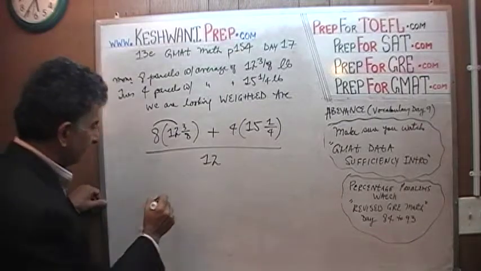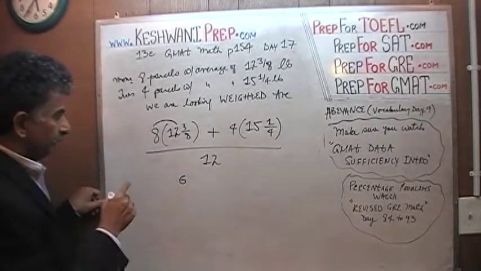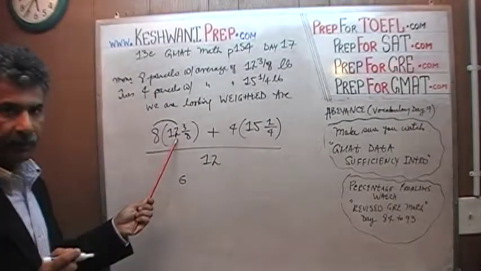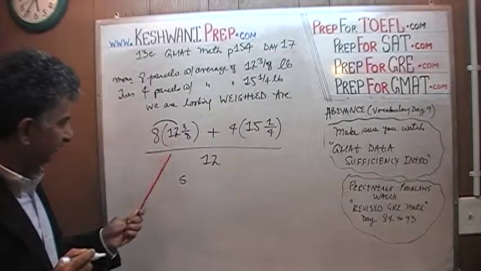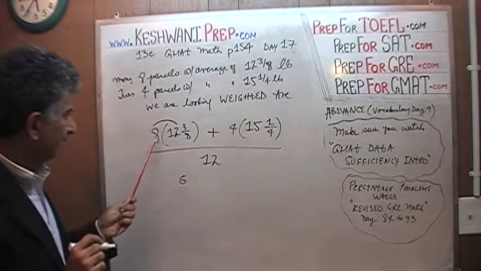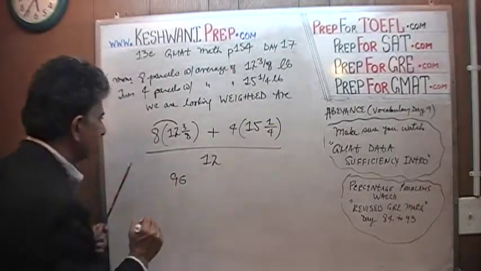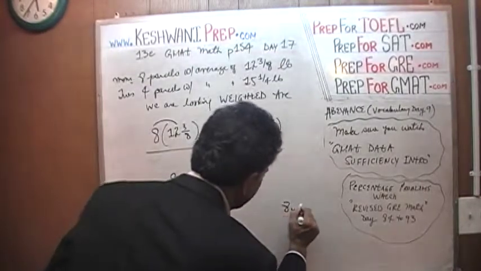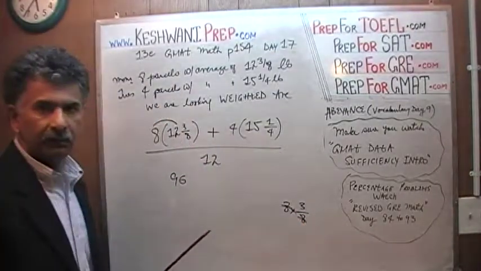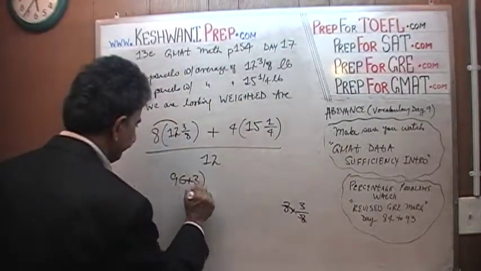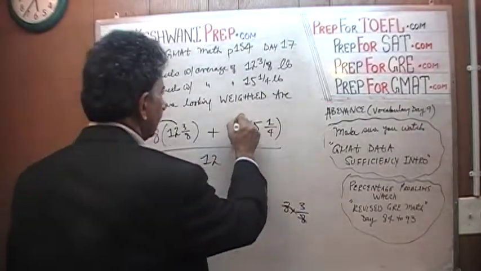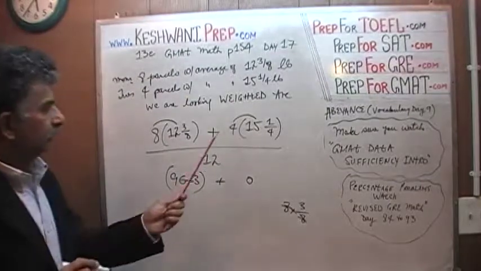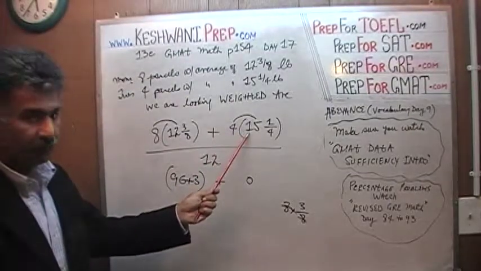8 2s are 16. 6, carry 1. One more time. I'm going to point out as I do it. 8 2s are, learn how to do this without a calculator. 8 2s are 16. 6, carry 1. 8 1s are 8, plus 1 is 9. And 8 3/4 are going to be 3. Similarly, 4 5s are 20. 0, carry 2. 4 1s are 4, plus 2 is 6.